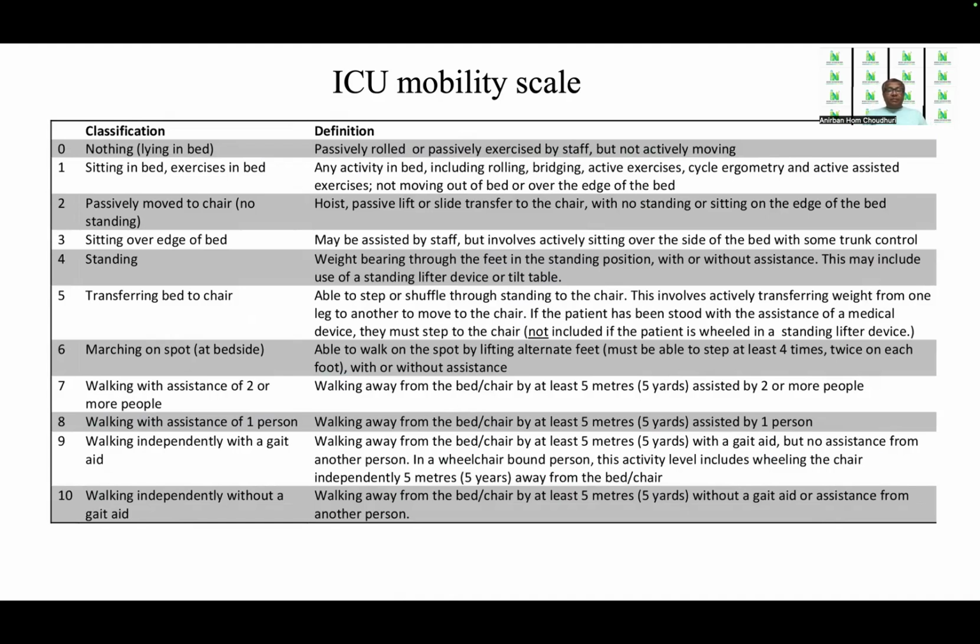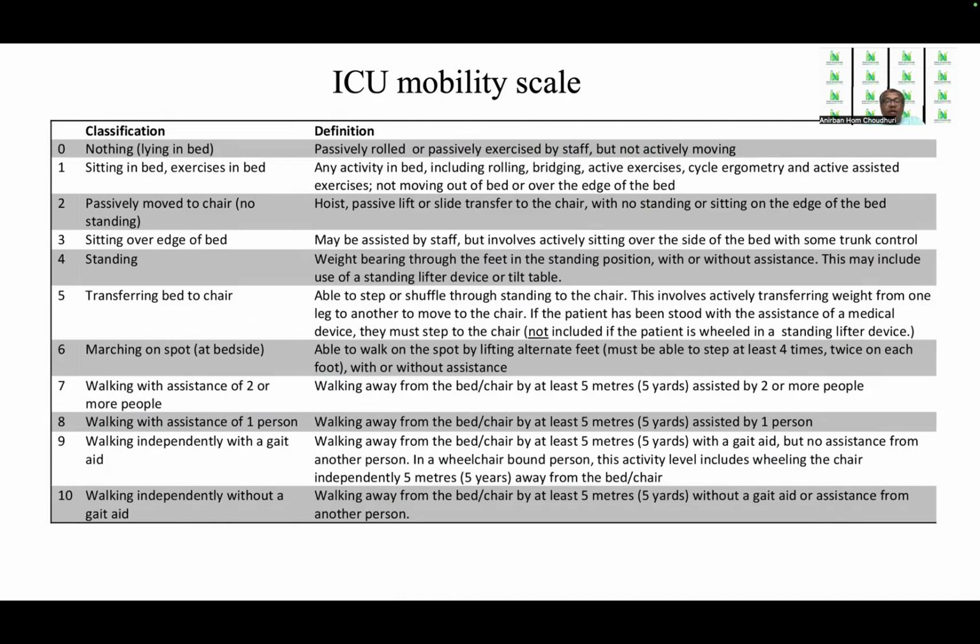This is important because there are certain numbers which can be useful. Walking away from the bed or chair by at least 5 meters is also something like a borderline patient from those who are from India and other places. Now, walking with assistance of 2 or more people.